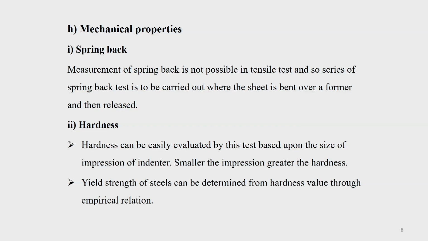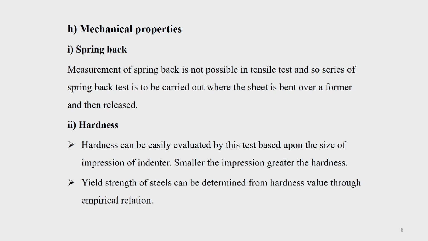Now, hardness is the resistance of the material to indentation, and the indenter can be a hardened ball or a diamond pyramid, depending upon what type of hardness test you want to do. This can be easily evaluated.